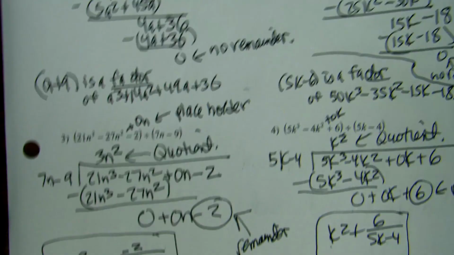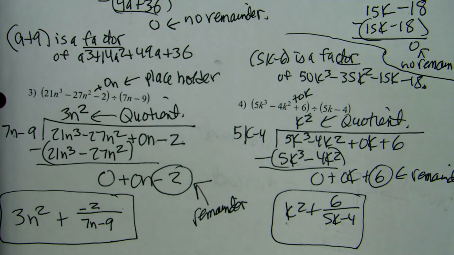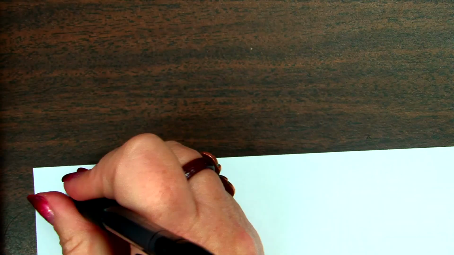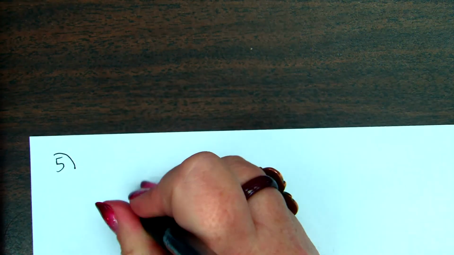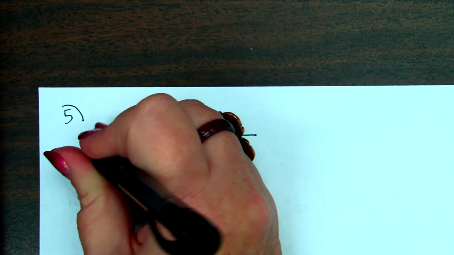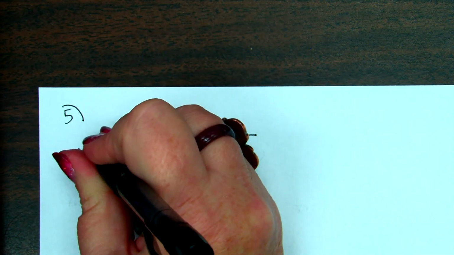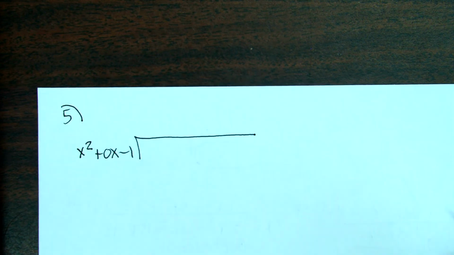Now on the back, there's supposed to be one more problem. And I don't think it came out that way, but it's important. So we're going to do this division problem. X squared minus 1 is going to be x squared plus 0x minus 1.